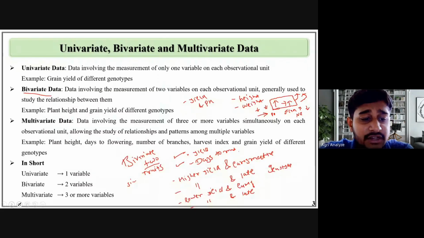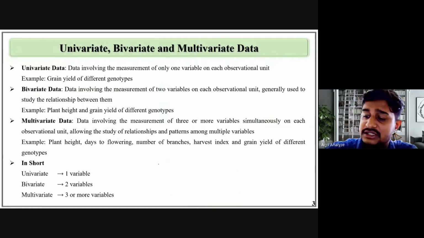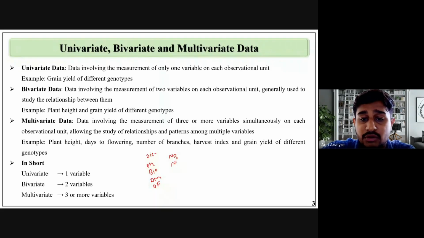Then multivariate data. In our agriculture example, like in a breeding program, we study more than two or three variables, like yield, plant height, biological yield, then days to maturity, then days to 50% flowering, then number of branches, then number of pods, number of seeds per pod, test weight.